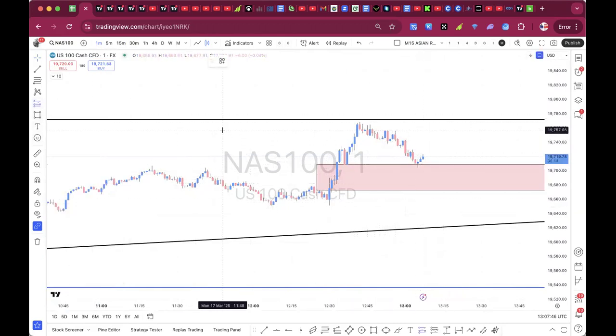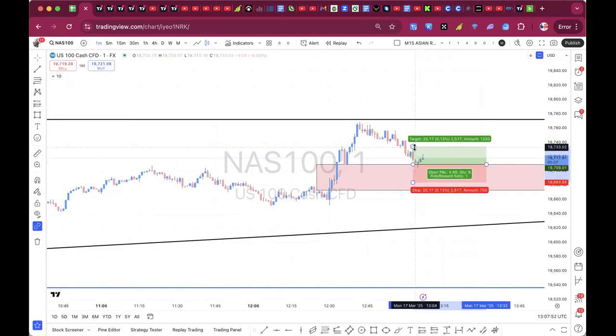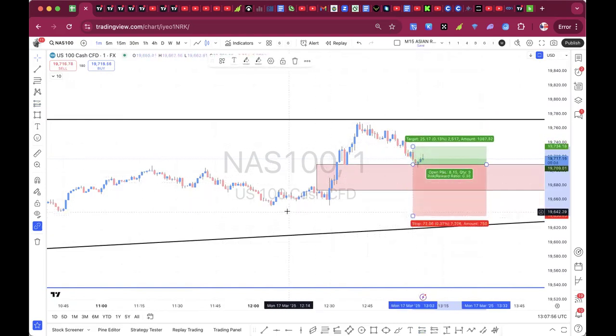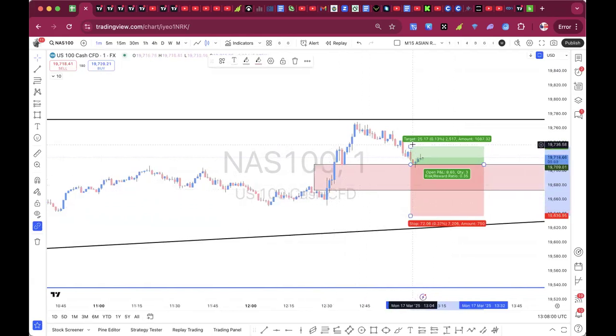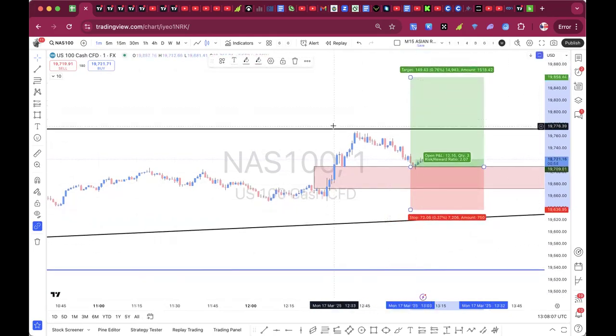Go to my risk reward ruler. So maybe my stop loss below this swing low, you can see. And then you're targeting 1:2 risk reward, somewhere there.